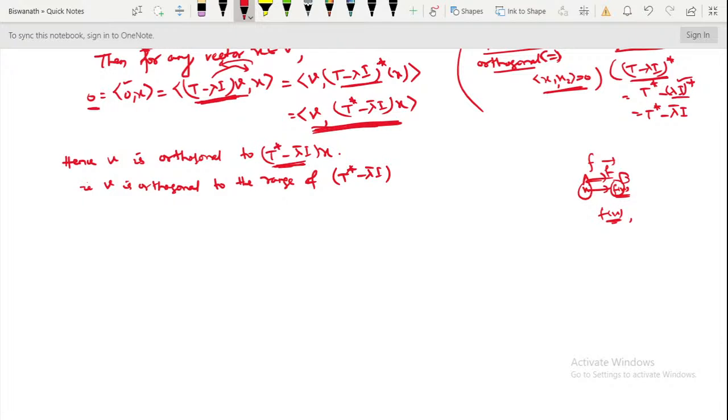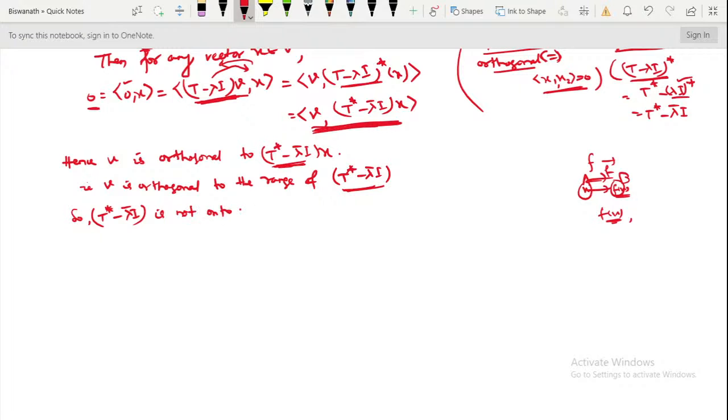Similarly, we can say v is orthogonal to the range of T star minus lambda bar I. So since v is orthogonal to the range of this thing, what can we say next? We can say T star minus lambda bar I is not onto.